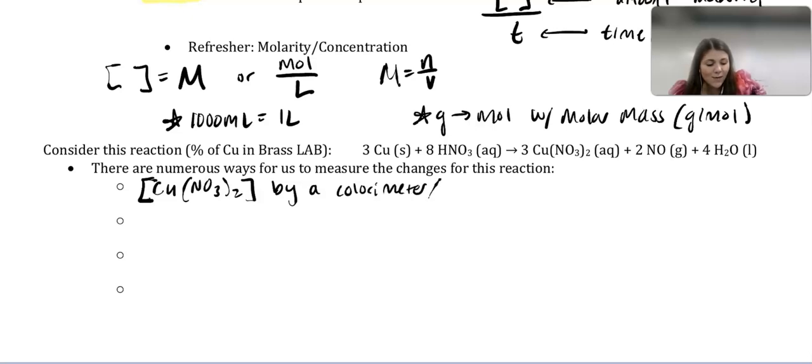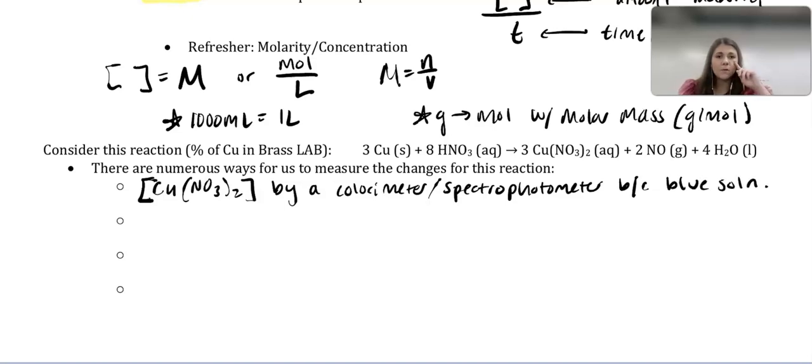If we had more fancy equipment, we could have used a spectrophotometer. Still will get us the same answer. And this was because it was a blue solution that we made. Okay, so that was one way for us to look at changes for this reaction.